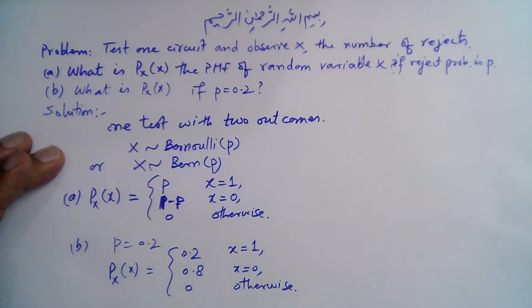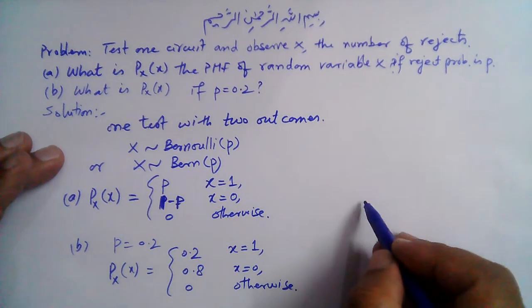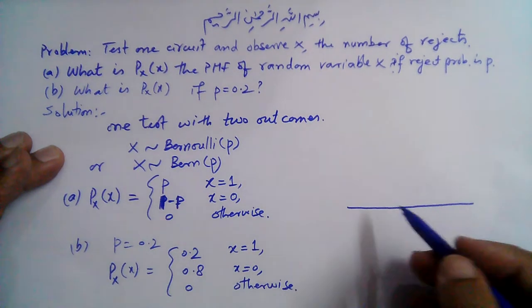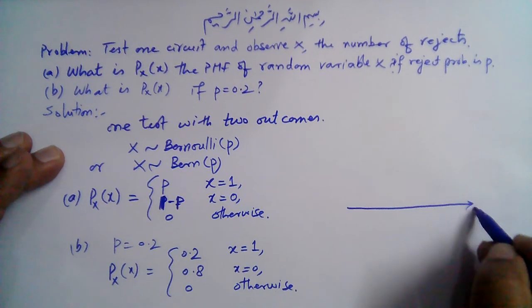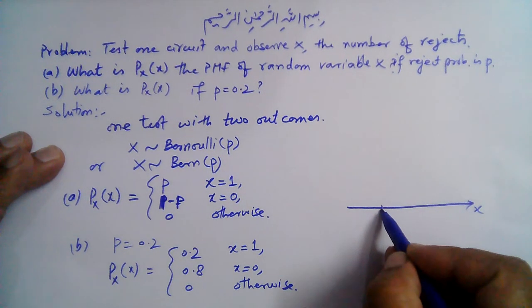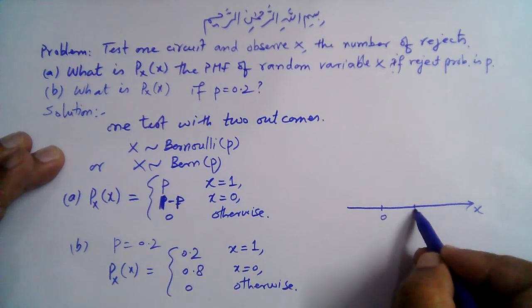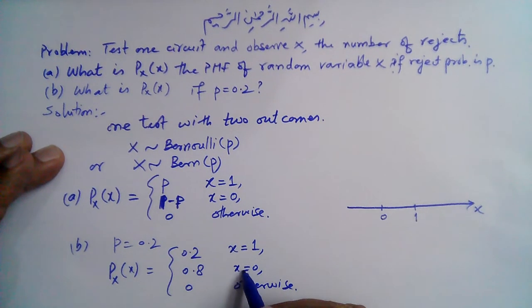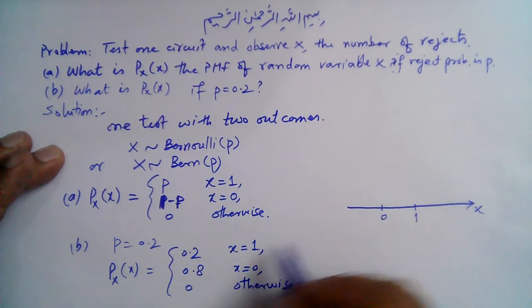And we can represent it using a simple bar chart also. For example, along this axis we have X, and we have a 0 here and a 1 here. X is equal to 0 and X is equal to 1. At X is equal to 0, this is 0.8, and at X is equal to 1, this is 0.2.